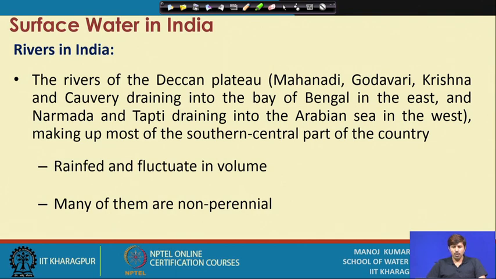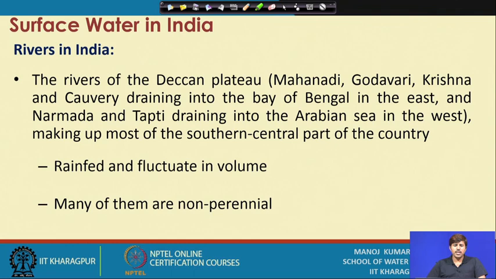So, all in all, these rivers from the Deccan Plateau either go into the eastern part or feed the western part. They make up most of the south central part of the country, whereas the northern part is mostly fed by the Himalayan rivers.